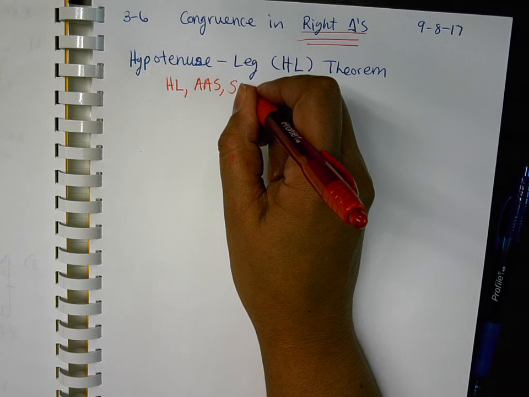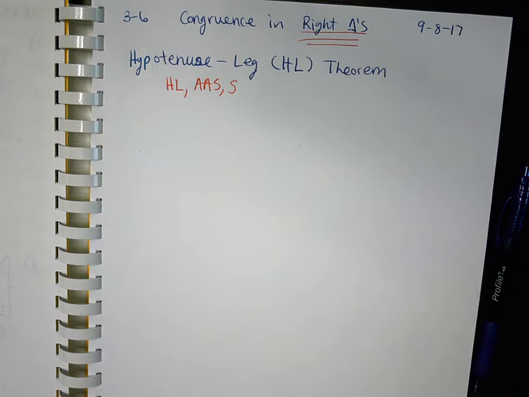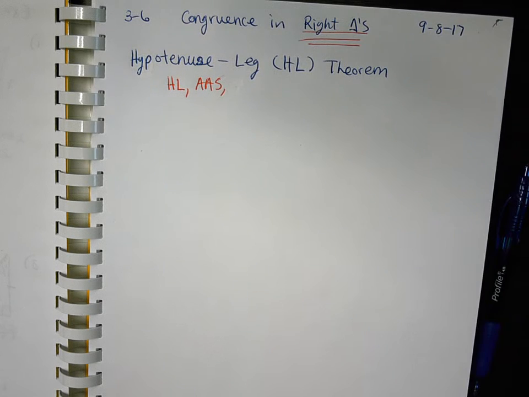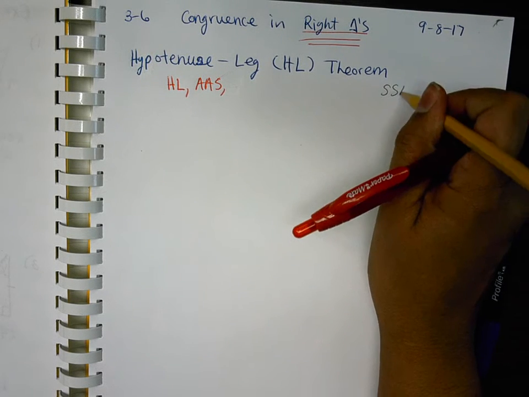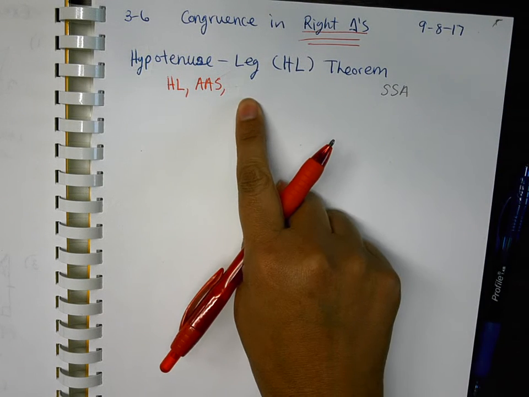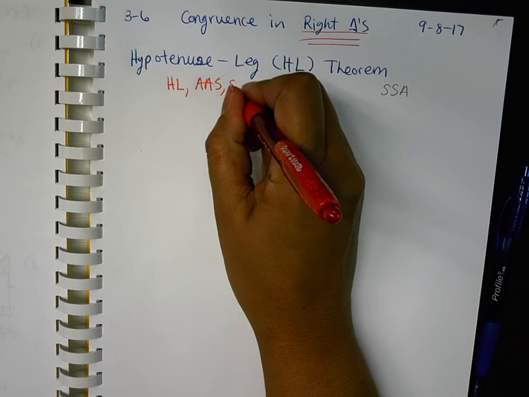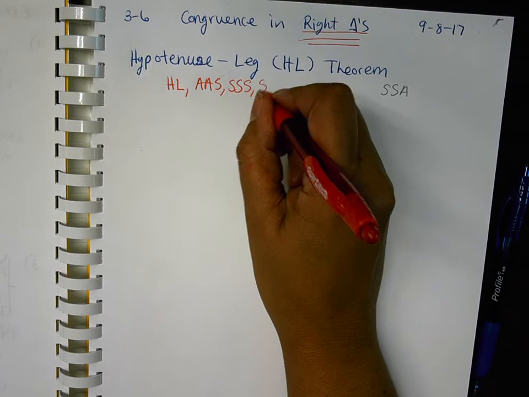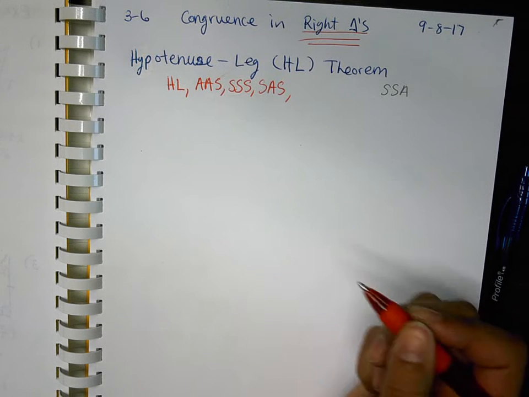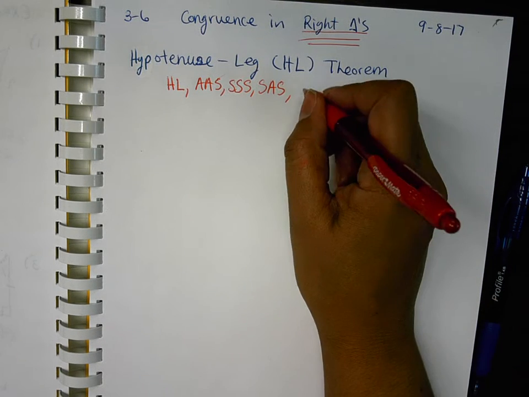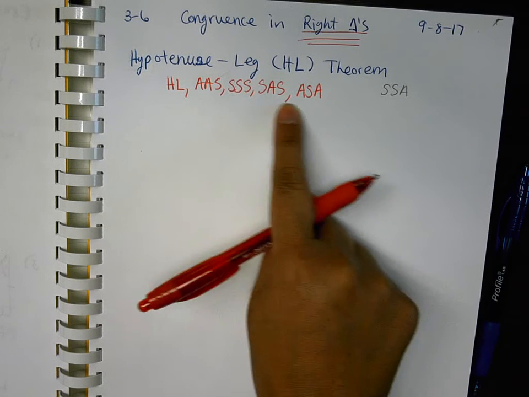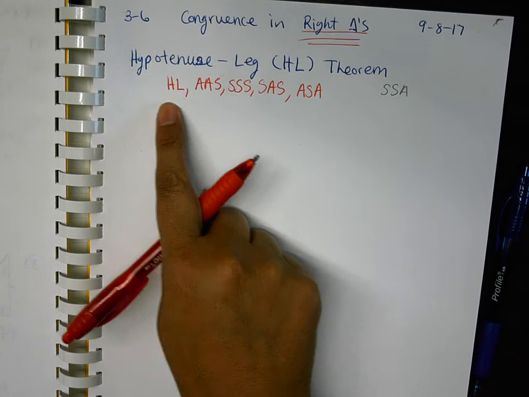Side, angle, side. Angle, side, angle. There are 4 of them, now 5 including the hypotenuse leg.